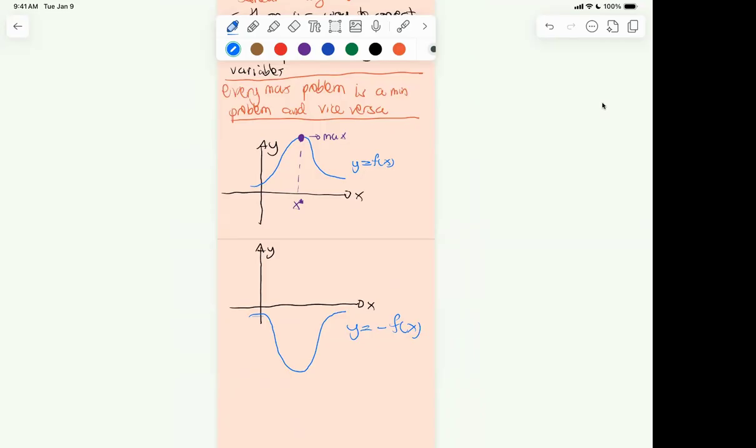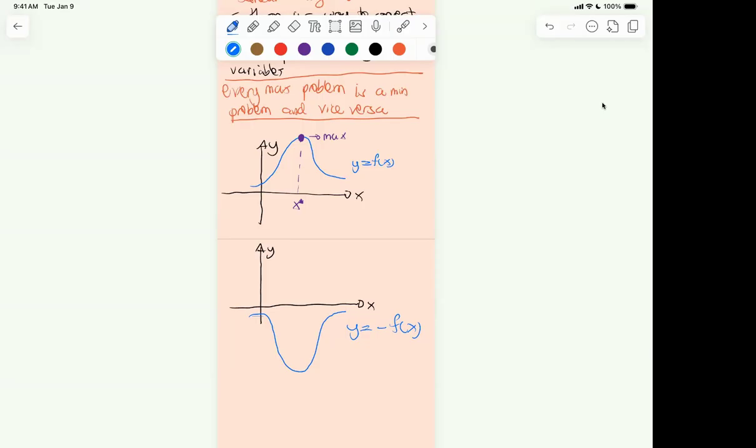If this were y equals x, then this one would be y equals -x, for example. Or think about y equals x squared and then y equals minus x squared. That is how the graph for y equals negative f of x would look.